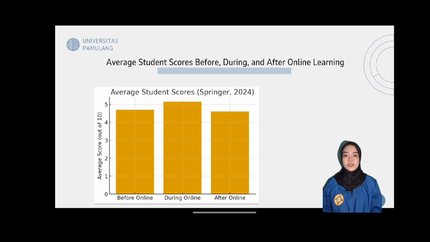This means that during the online learning period, students performed better, maybe because they had more flexibility or access to digital resources. But when the situation returned to normal, their performance dropped, showing that the effect might be temporary. The result tells us that online learning can boost short-term learning outcomes, but consistency is still a challenge.